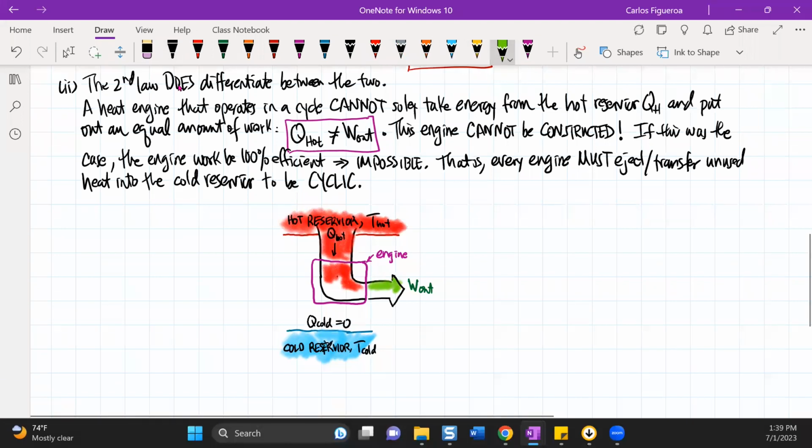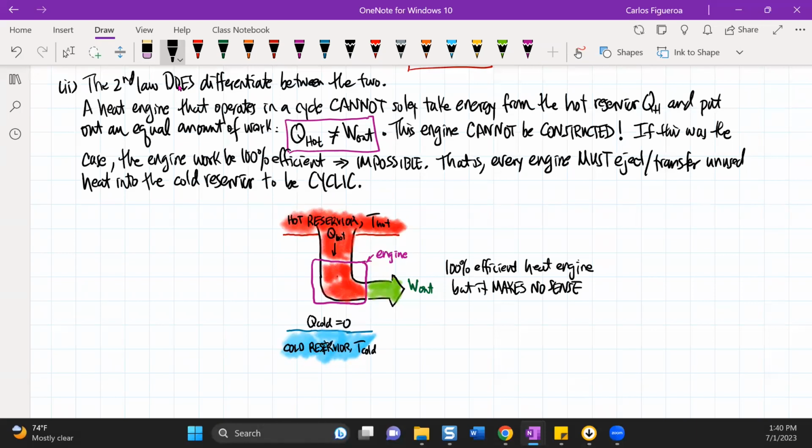If you had this situation, then this would be a 100% efficient heat engine, but it makes no sense.